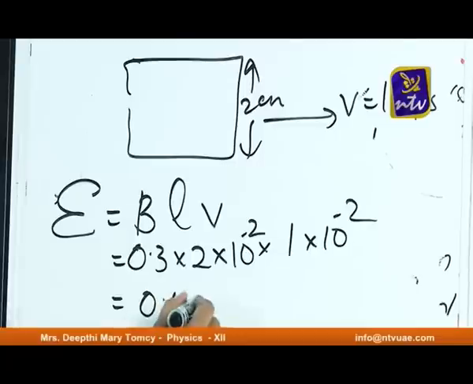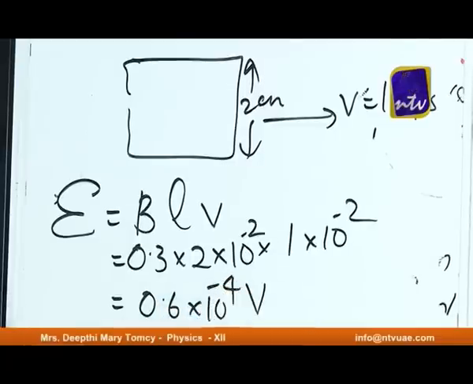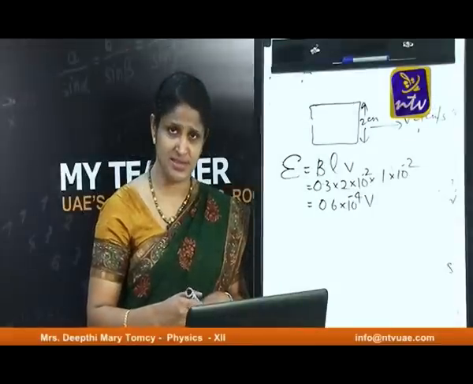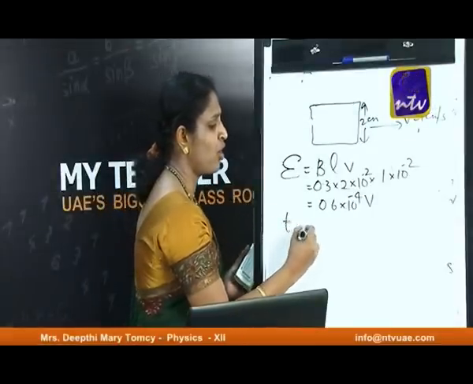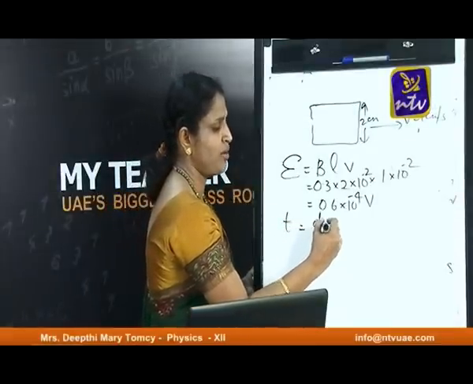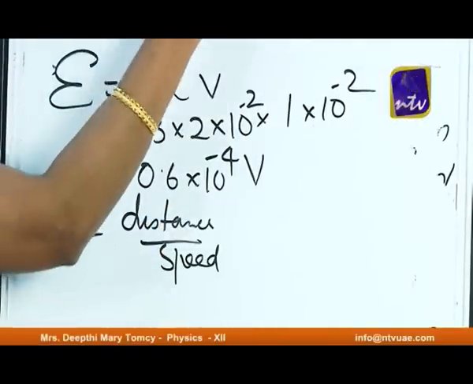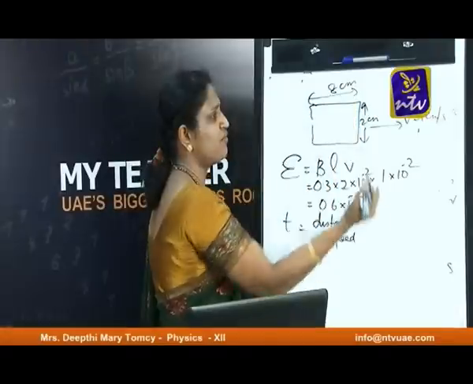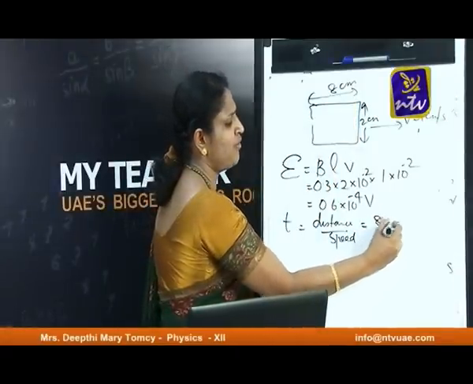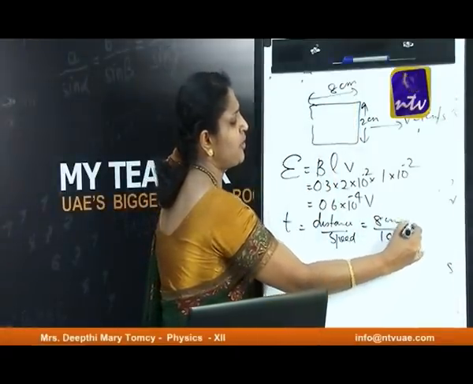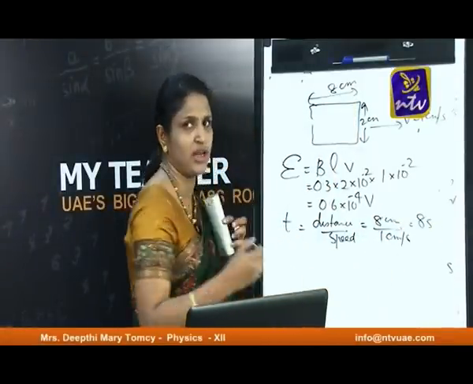That gives 0.6 into 10 to the minus 4 volt. Even though the EMF induced is less, it lasts for a longer duration because time is equal to distance divided by speed. It lasts until the complete 8 centimeter is finished, so 8 centimeter divided by 1 centimeter per second, it lasts for 8 seconds.